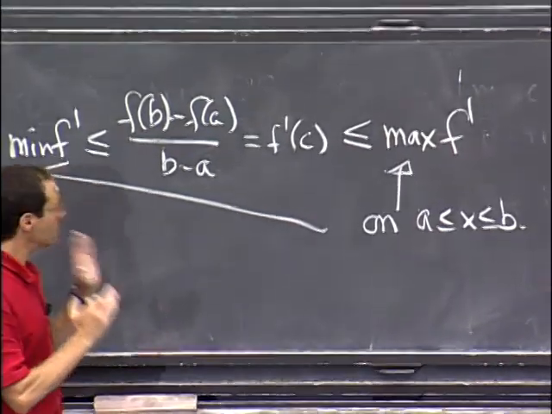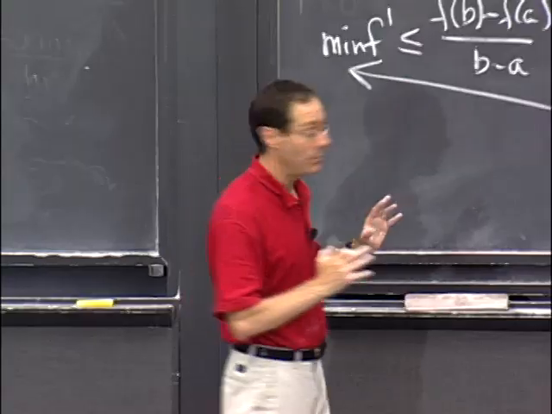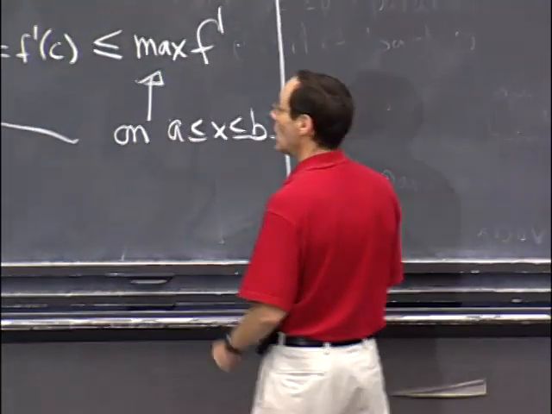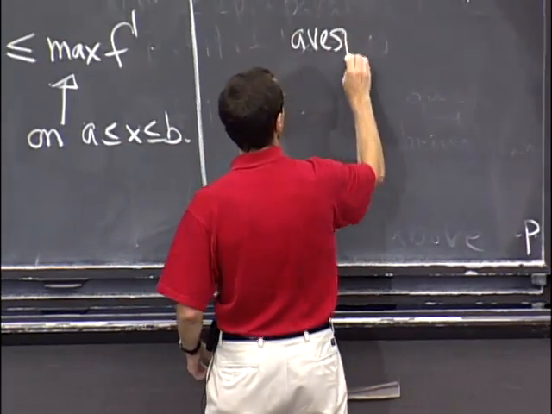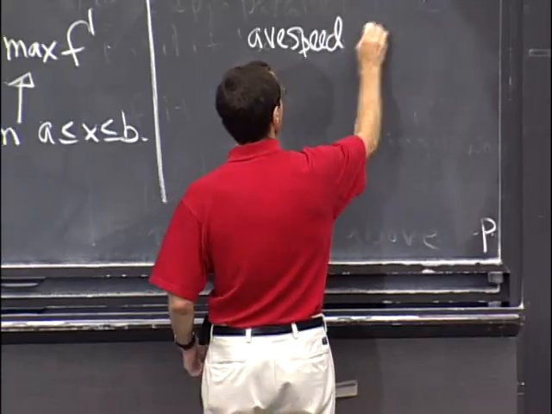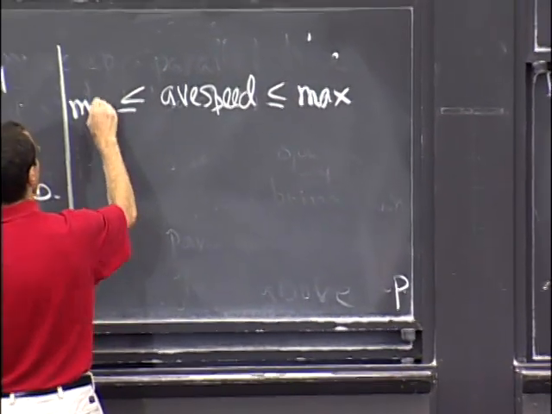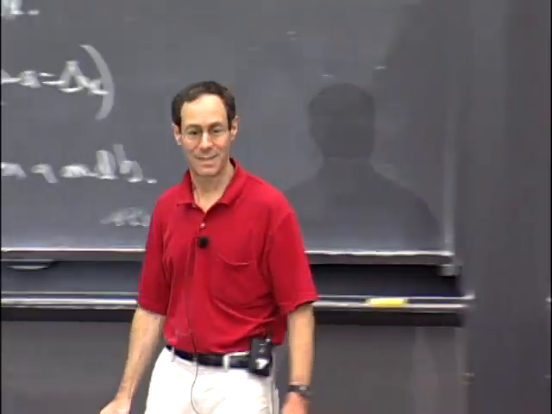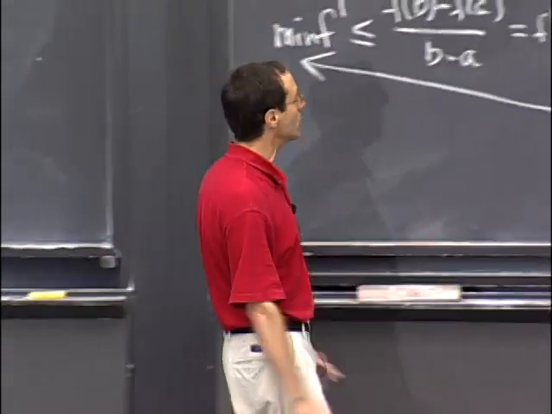This is all you can say based on the mean value theorem. All you know is this. And colloquially, what that means is that the average speed is between the maximum and the minimum. Not very surprising. All right? The mean value theorem is supposed to be very intuitively obvious.